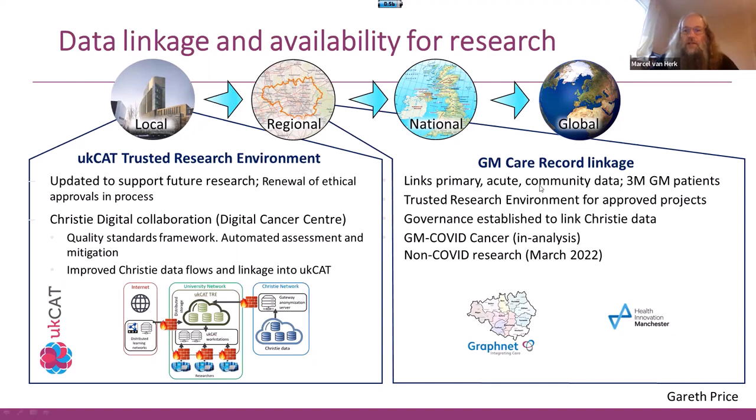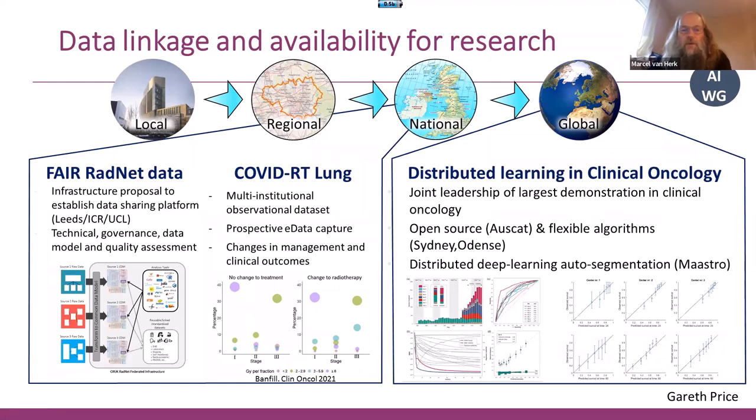We also are currently trying to link this up with the Greater Manchester Care Record. And we've got that working for COVID-related research. We don't have it working yet for non-COVID related research, because the governance is quite complicated. Then if you have these data sources, obviously you want to go national. And so we're looking at setting up data sharing infrastructures together with other RadNet centers.